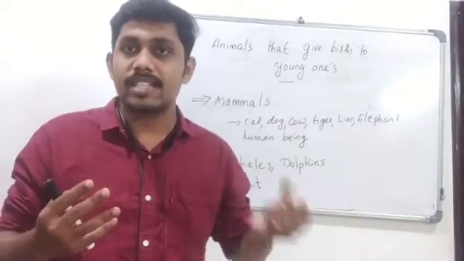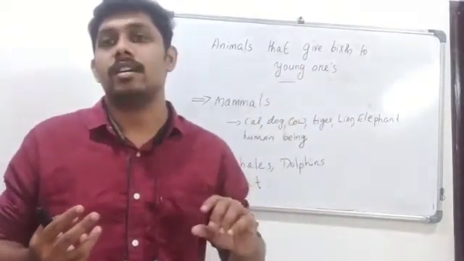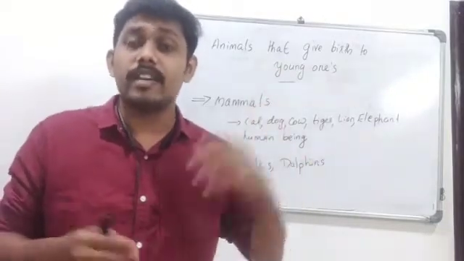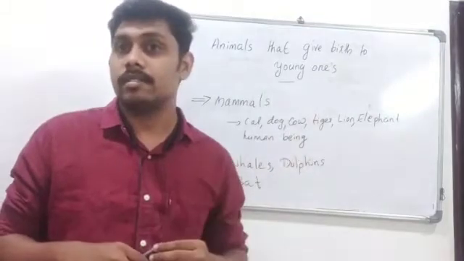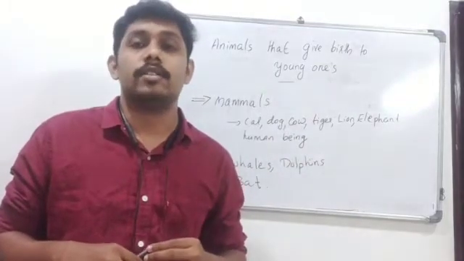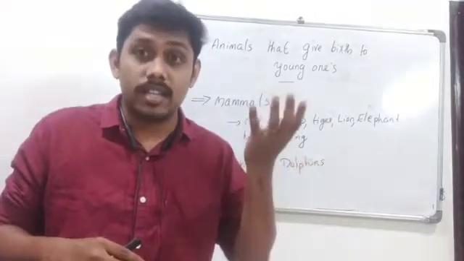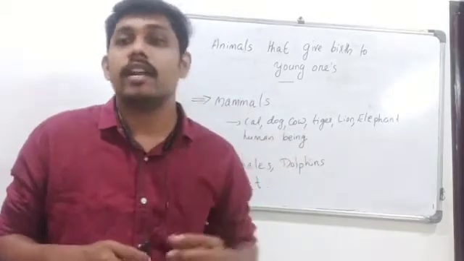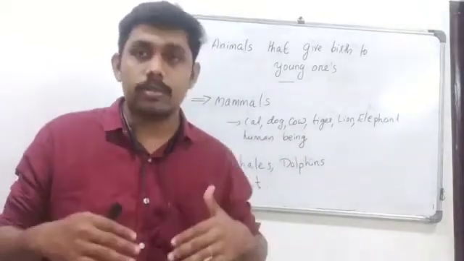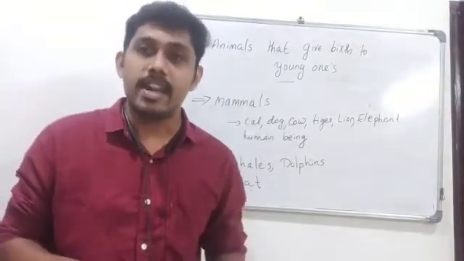In the case of birds, they build nests. In the case of cockroaches, they keep them in dark places, isn't it? And butterflies lay eggs on the underside of the leaves, isn't it? So in the case of all the animals, they protect their young ones.